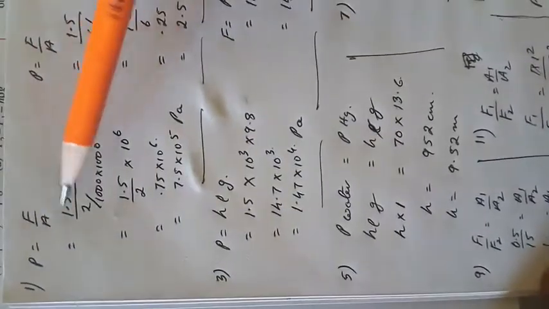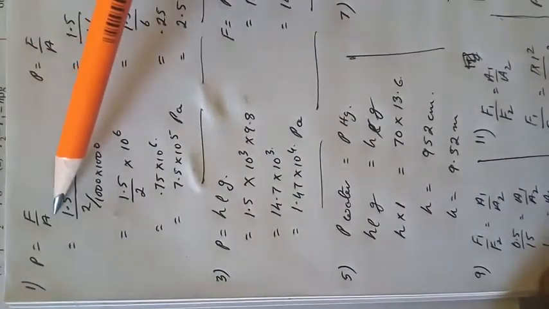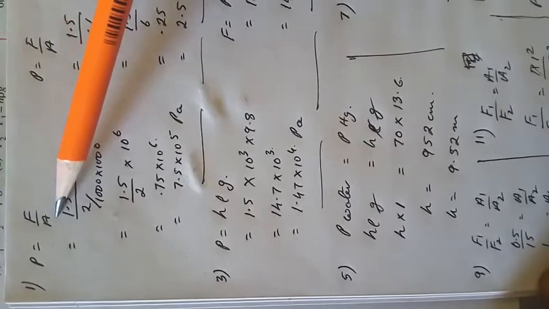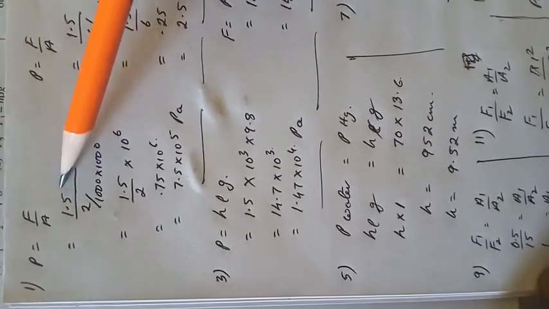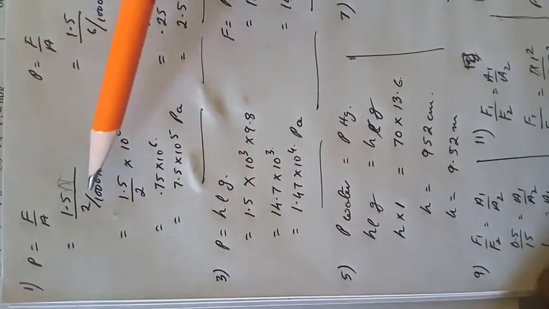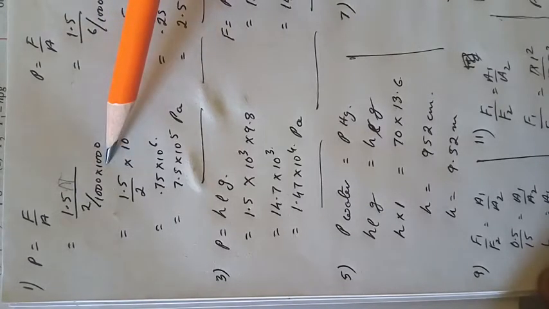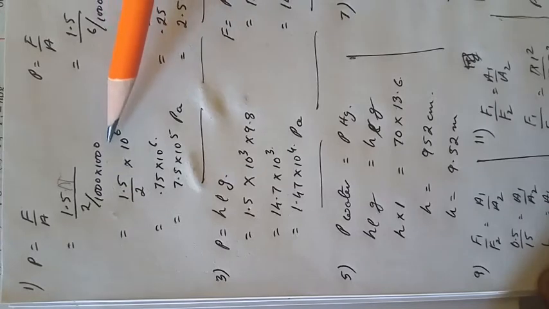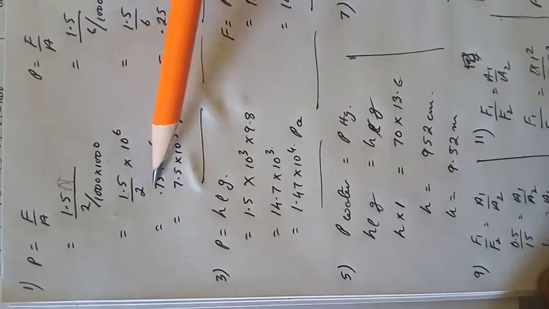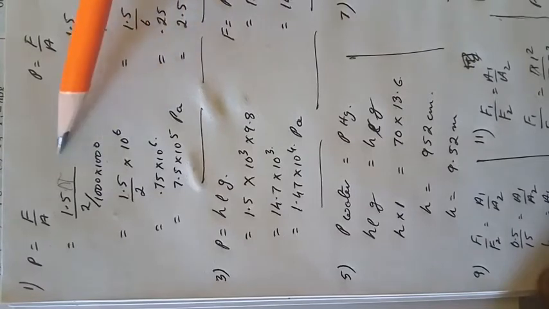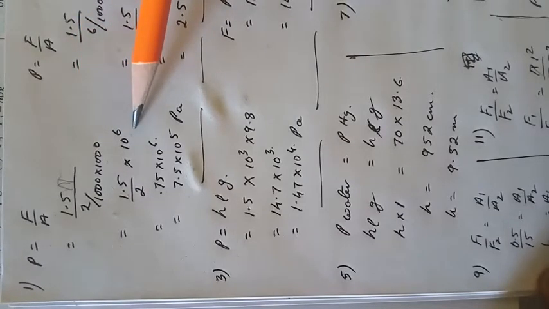Sum number 1. Pressure is force by area. Force is that Newton, and area is 2 millimeter square. Convert that to meter square, so it becomes divided by 1000 into 1000. So it becomes 1.5 by 2 into 10 to the power 6.